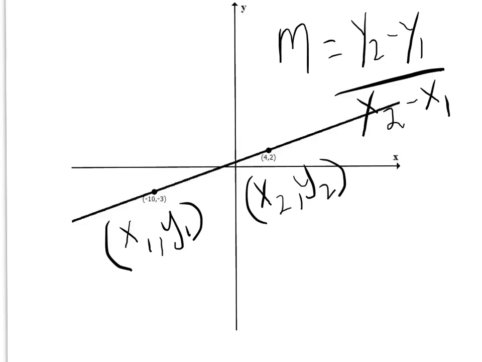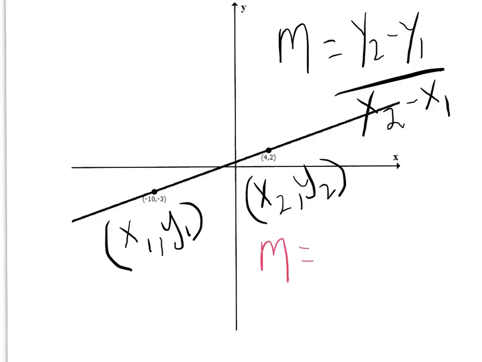It's really helpful if you label your points with x1, y1, and x2, y2, because then when you substitute your points into the formula, there's less chance you're going to make a mistake. So let's see what the slope would look like with the points plugged in.